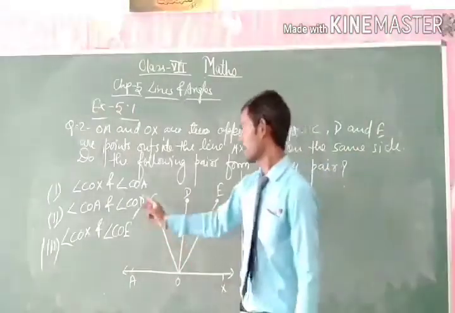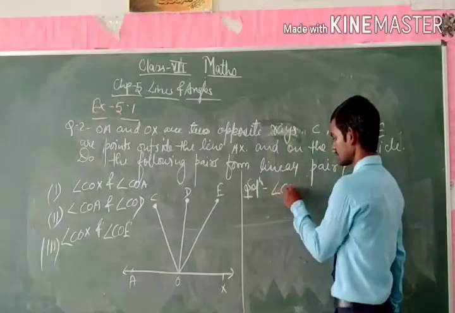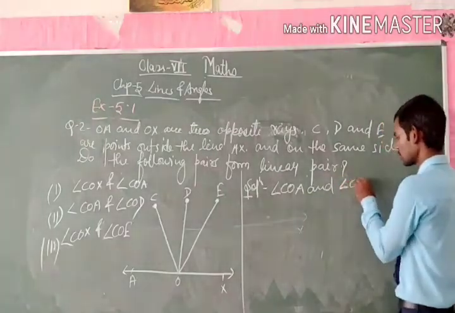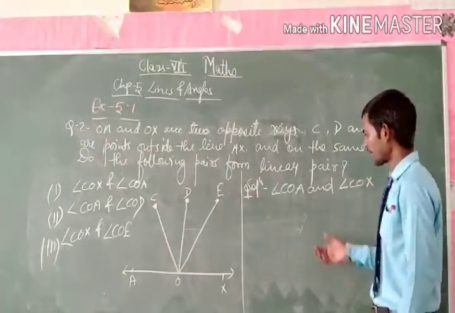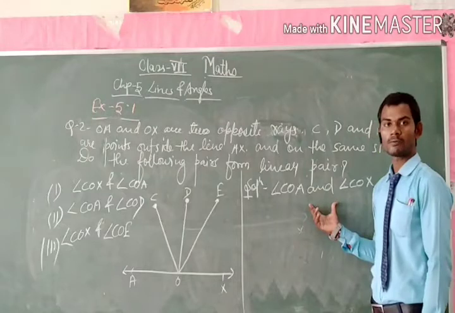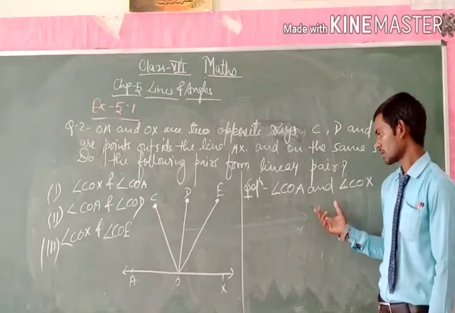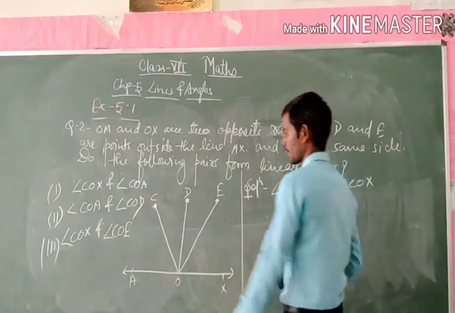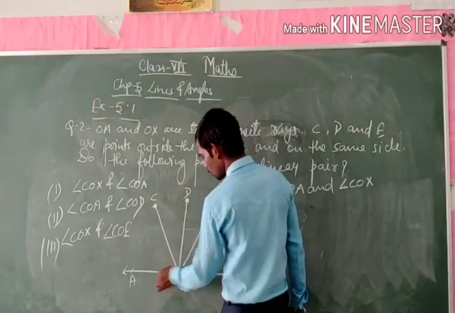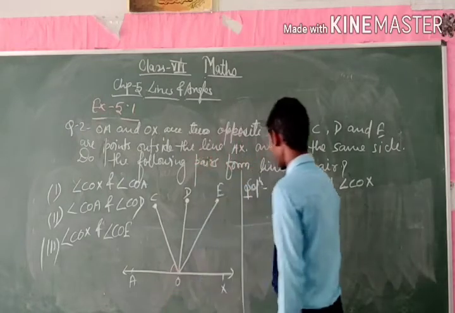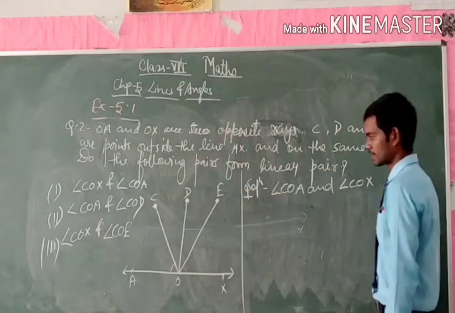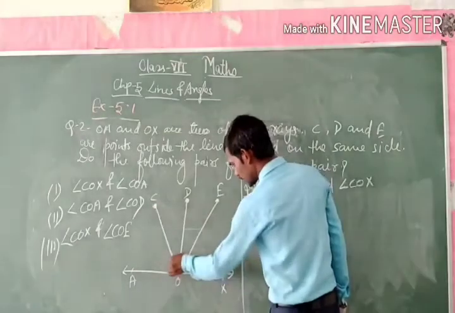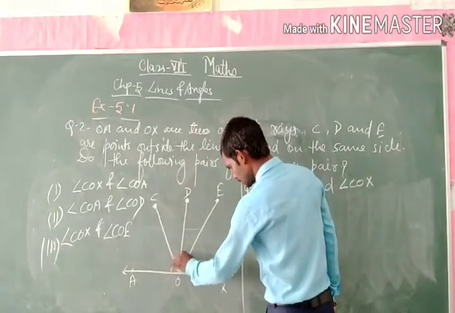Here the first pair is angle COA and angle COX. We have to verify whether this pair forms a linear pair or not. For this, let us see in the figure angle COA, that is this angle, and angle COX, that means this whole angle.